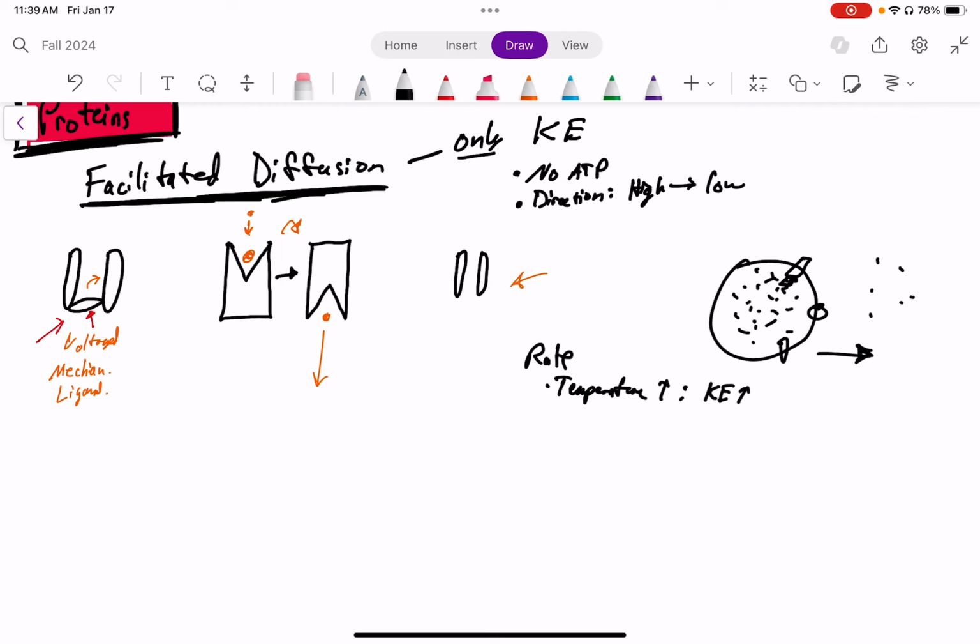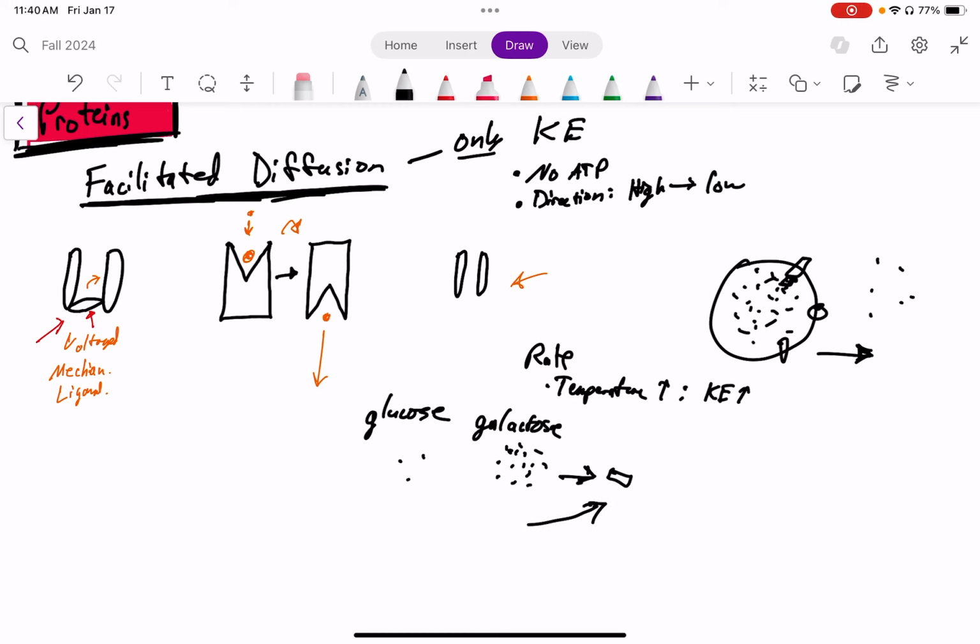Now, when there are molecules that are very similar to each other, like glucose and galactose, there can be a situation where they are competing. If there's a lot of galactose in a cell, then that might overrun the proteins, and then glucose won't be able to get in there if the galactose concentration is too high.